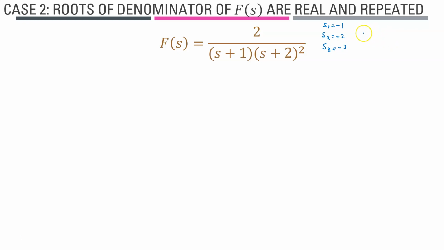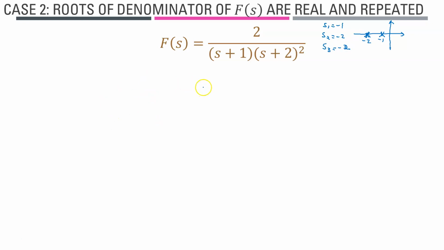Later when you study control systems, you will see that it means you have 2 poles at minus 2. So you have 1 pole at minus 1 and 2 poles at minus 2. So that's what this means.